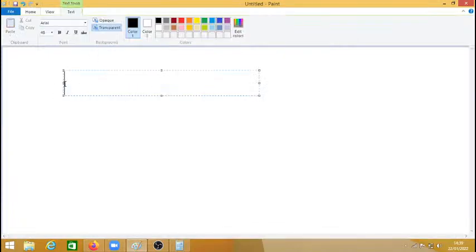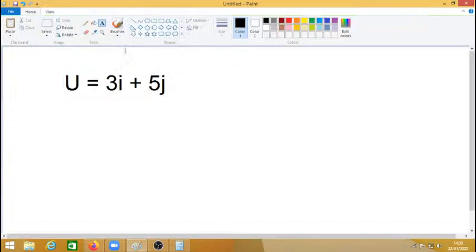So let's take a look at the next example. We've got a particle and it's projected with the velocity 3I plus 5j. Let's do a quick diagram of that. So we've got the particle and it's being projected with an initial velocity so that it's going 3 across and then 5 up.